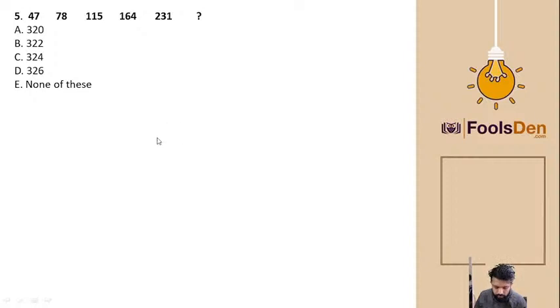47, 7, 5. Okay, so numbers are close to each other.